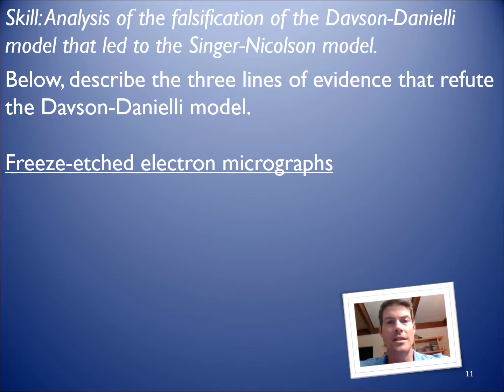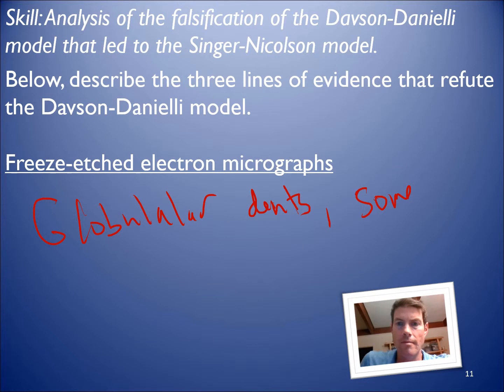And one thing was this freeze etch electron micrographs. They saw a real globular shape. Globular, dense, you know, in the freeze etch, showing that some proteins went into the phospholipid layer.